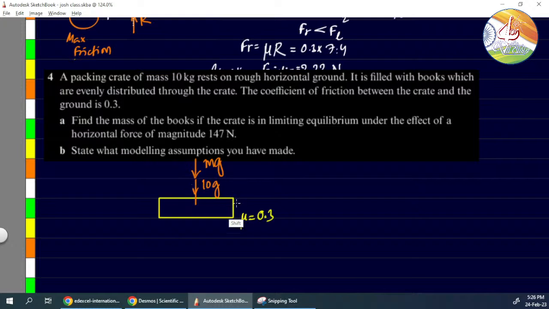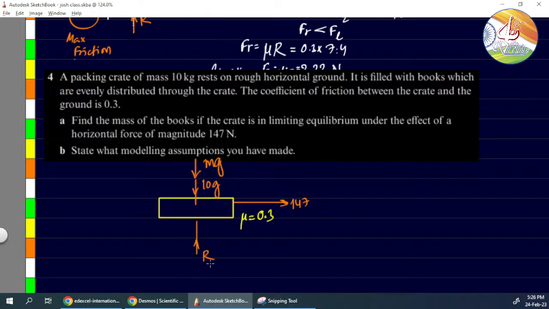The crate is in limiting equilibrium. So on the crate we are applying a force. How much? 147 newtons. When we apply a force of 147, it is in limiting equilibrium. So that information we need to use.